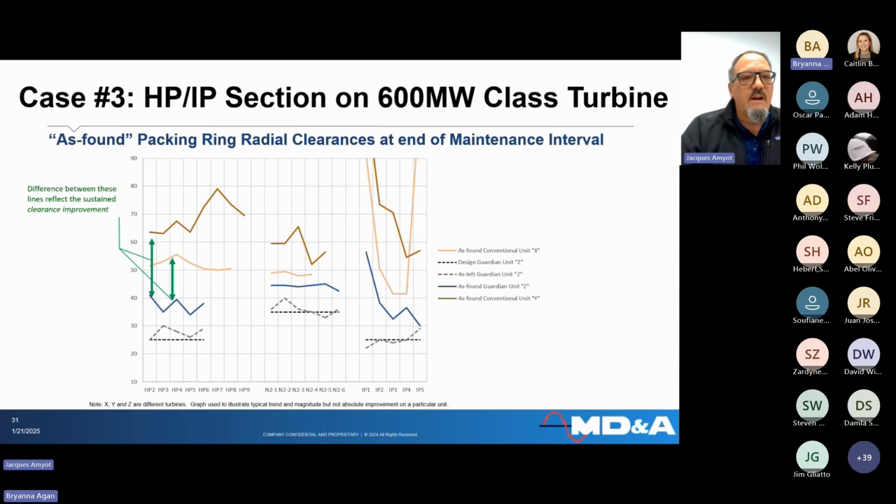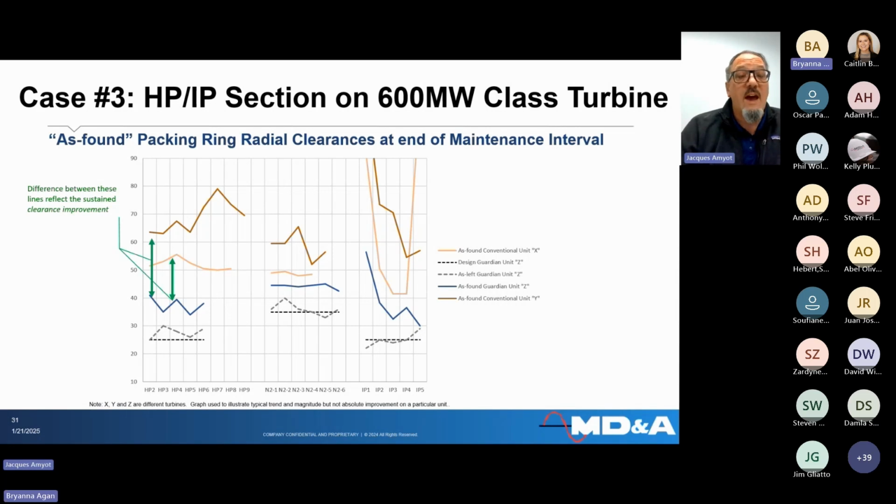This is a different take on the benefit of Guardian Vortex Seal technology. Essentially, these are measured clearances on 600 megawatt class steam turbines. So you're talking about a big G series, for example, GE steam turbine.